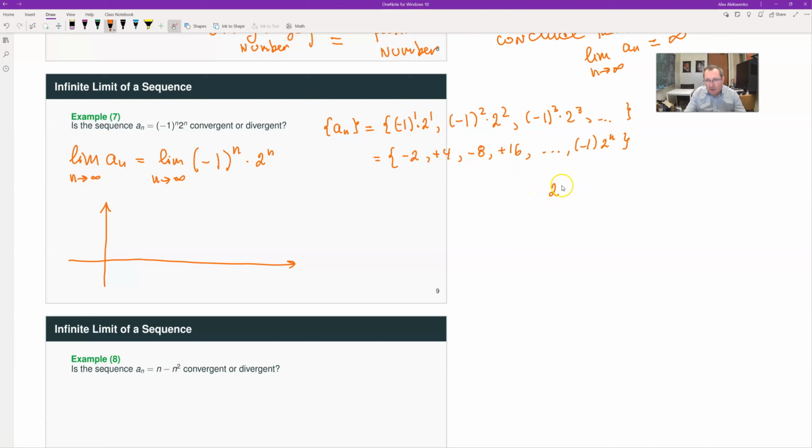Now, we do know that 2 raised to 10 is 1024. 2 raised to 20 is going to be 1024 squared, so you would expect at least 10 to the 6th. So we realize that these numbers grow. In fact, they grow very fast. So we expect the absolute value to go to infinity.